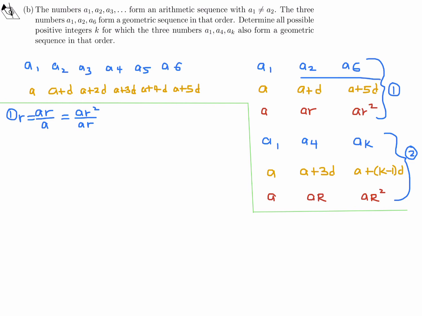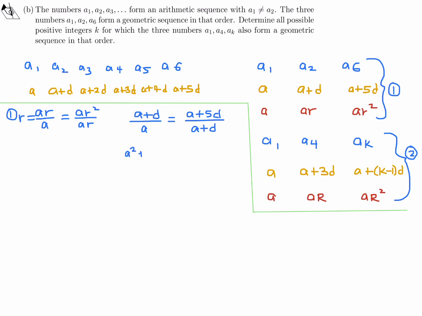So we're going to do that with these. The second one, a plus d, divided by the first one, a, is going to be the same as the third one, a plus 5d, divided by the second one, a plus d.